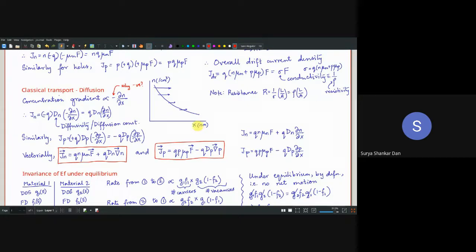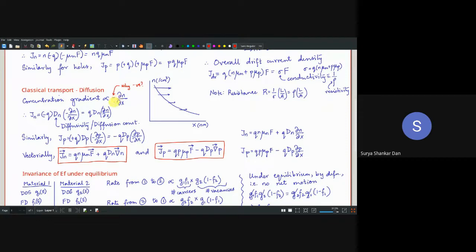Okay, I mean in this direction. What actually happens is that del n del x is always going to be negative because the concentration decreases along the direction. Okay, so this del n del x itself will be a negative quantity. So what we intend to make is the current should be positive. इसीलिए हमने यहाँ पर एक negative डाला है.